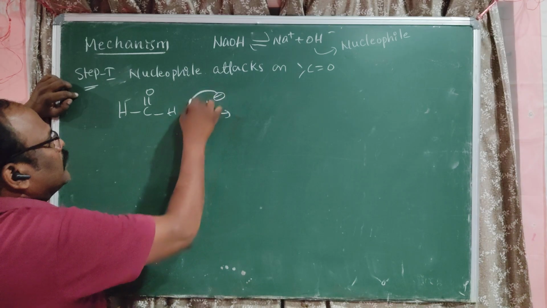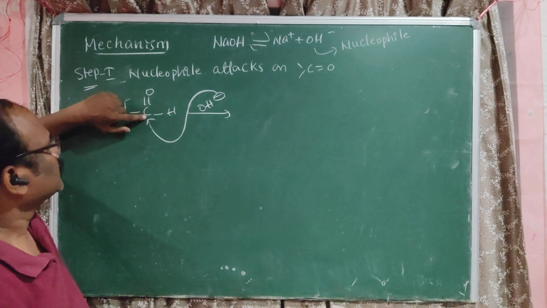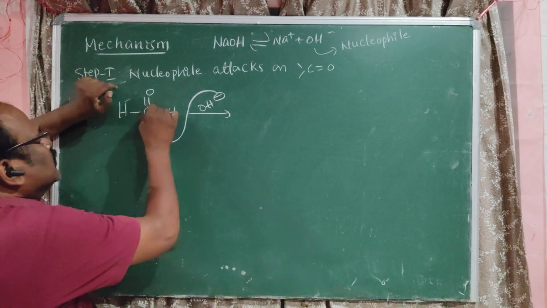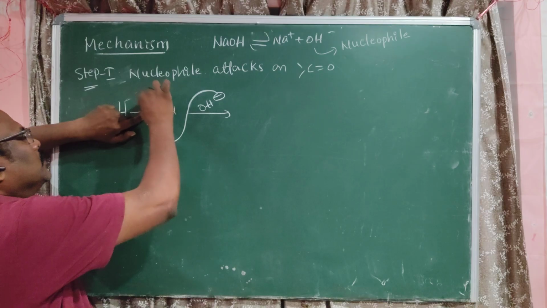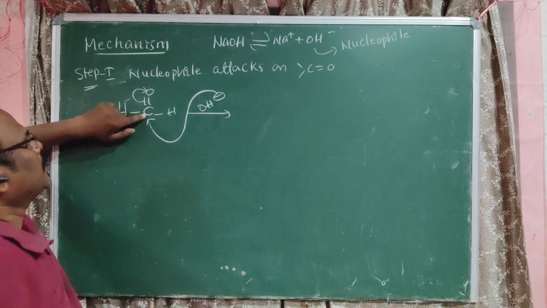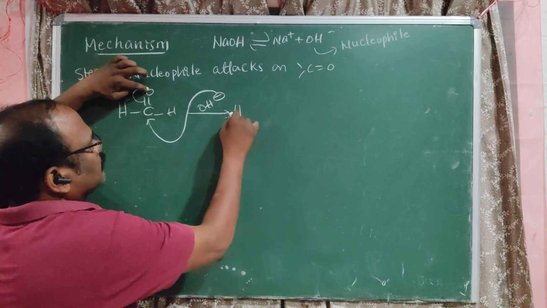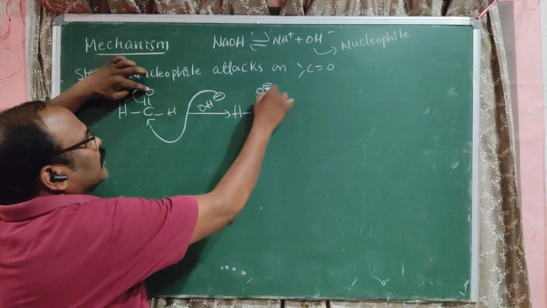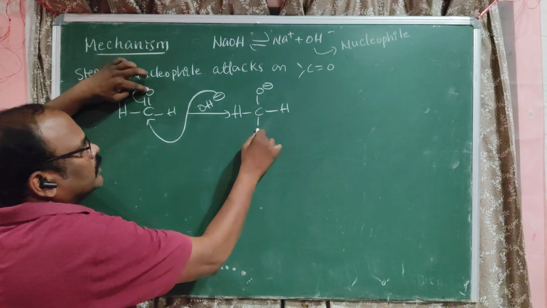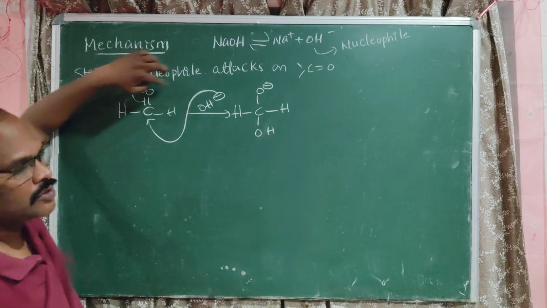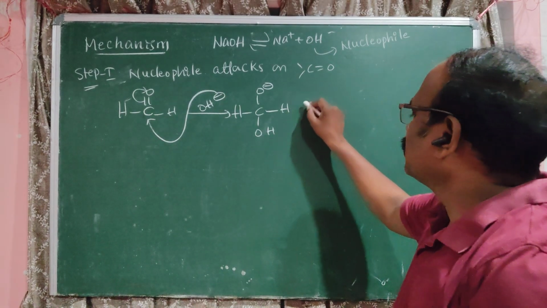This nucleophile attacks the carbonyl carbon because specifically this place is an electrophilic center. So these electrons are migrated to here and this oxygen acquires a negative charge. O minus, H already there, and OH is the new bond. C-OH bond formation is taking place. This compound is called an intermediate.